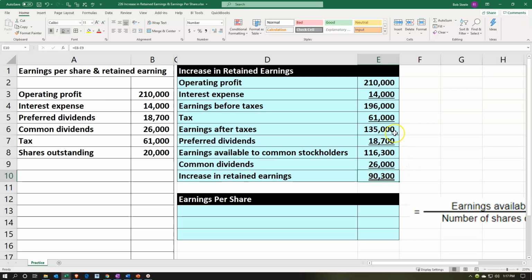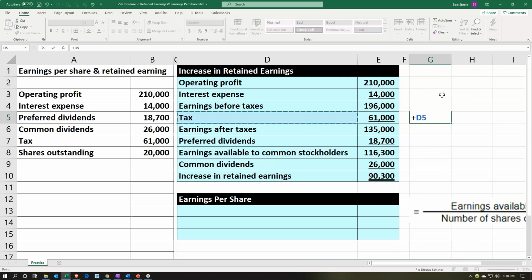So remember, the other way you're going to see this is in a statement of retained earnings, which really has a beginning balance and then the changes. If you were going to think about this in a different format, the change that took place in the retained earnings is basically the net income minus the dividends, right?